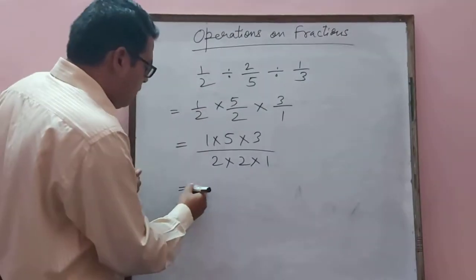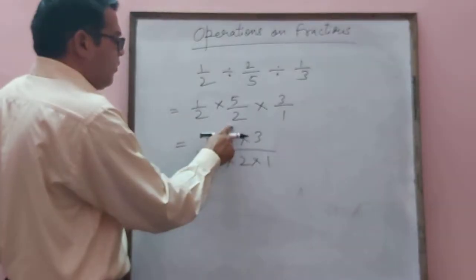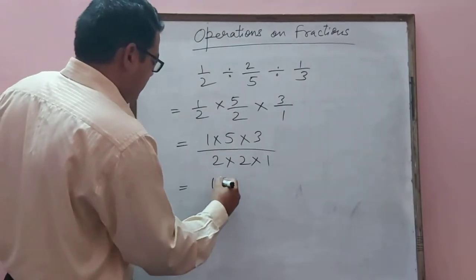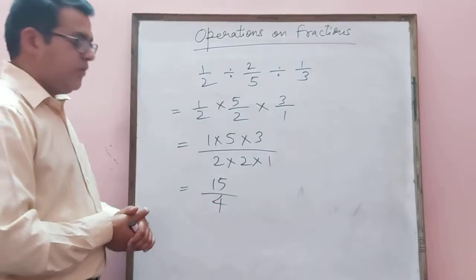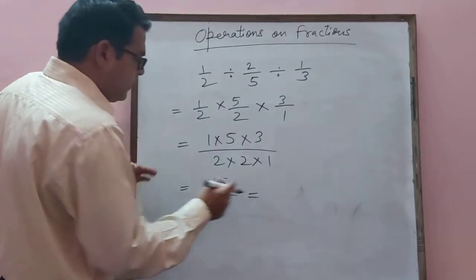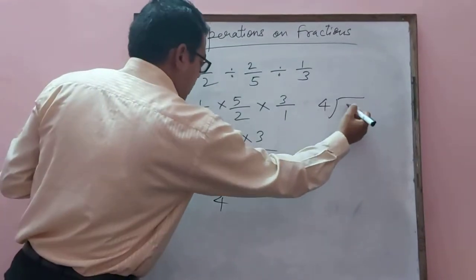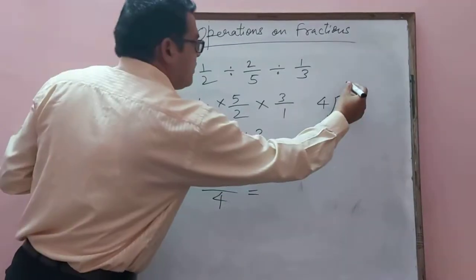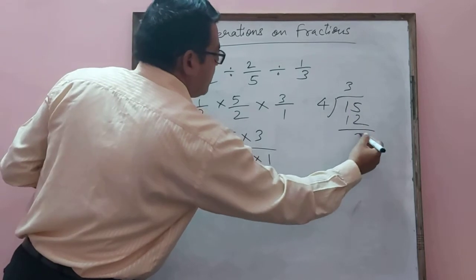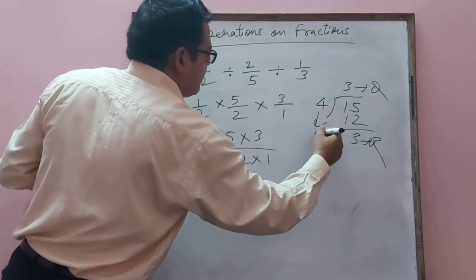Nothing is common, we can't cut any of the numbers, so we can directly multiply. 5 ones are 5, 5 3s are 15, by 2 4s are 4. 15 by 4, this is improper. So we have to convert it into mixed. 4 3s are 12, we can write here. So 3 is remainder, this 3 is quotient, this 4 is divisor.